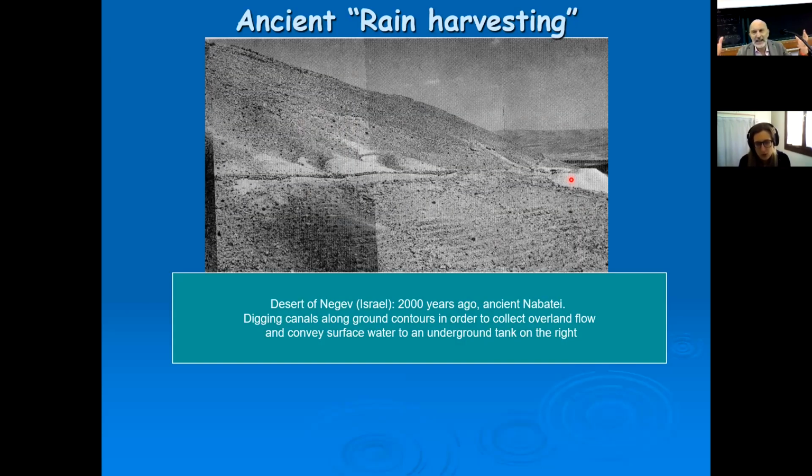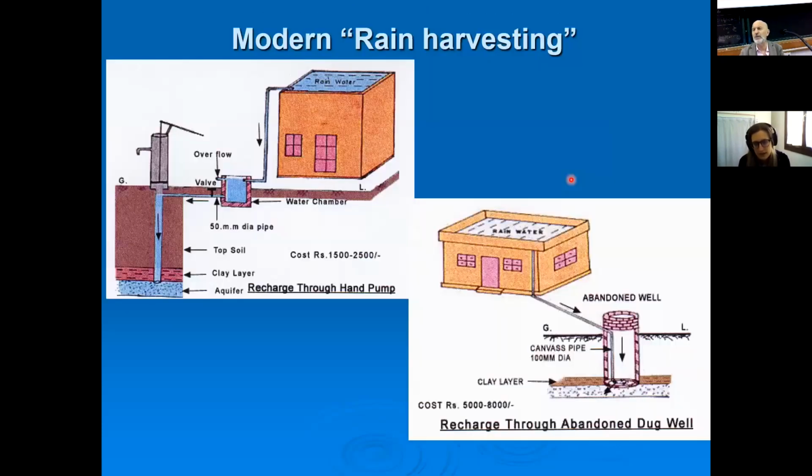This of the Nabatei is a prehistoric example, a very old example, but we can still have nowadays a more technically sound and more useful approach. Today, we have this term in some situations that is called rain harvesting.